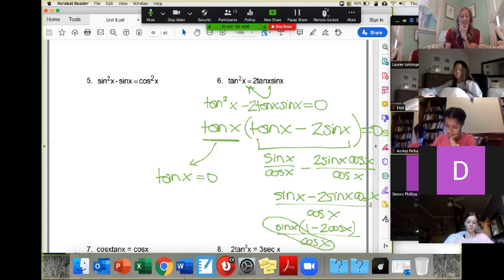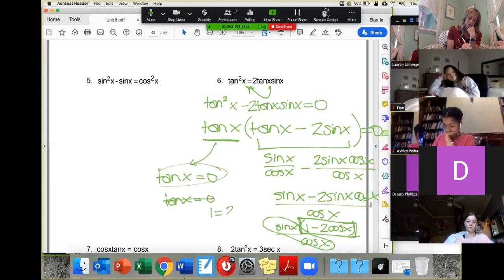Do I really have to set tangent equal to 0 over here a second time? No, because I'm going to get the same answers as I did here. So I'm then just worried about this one being equal to 0. So if I make that equal to 0, I get 1 equals 2 cosine x, or cosine is equal to 1/2.